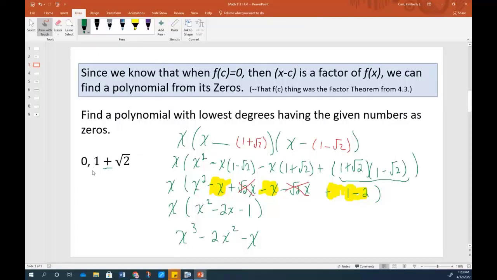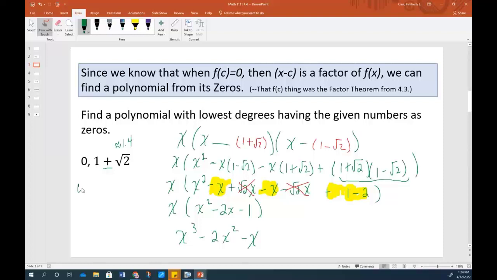However, I need to know something about this first because my calculator is not going to be able to display a square root of 2. It just doesn't do it. It's going to put that in decimal form. So I'm just going to say I know that the square root of 2 is approximately 1.4. You could easily punch that into your calculator and get it.